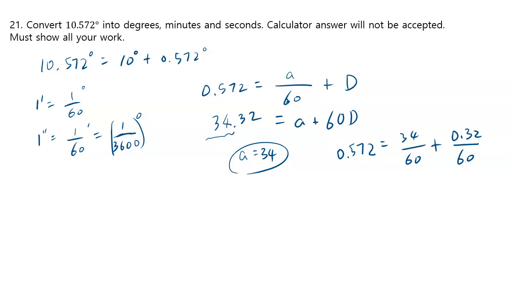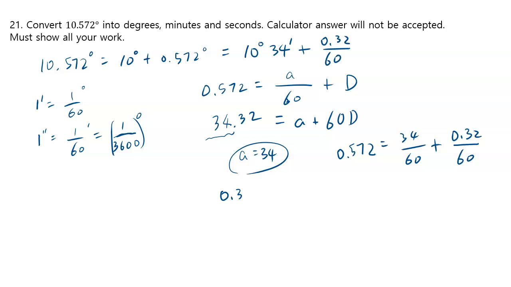Okay. Now, for the second part, a gives you the minutes part. So what we figured out so far is that this is equal to 10 degrees plus 34 minutes. And then there's this extra 0.32 over 60.